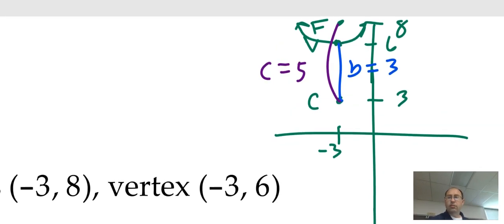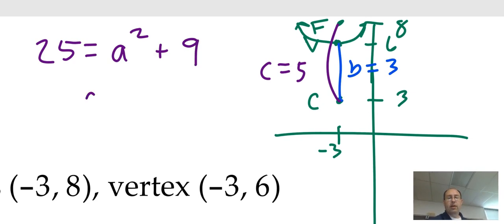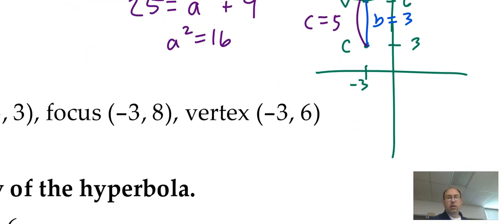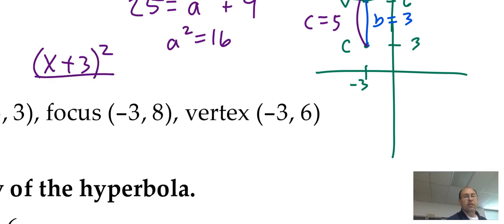So C squared equals A squared plus B squared. A squared would then be 16. Okay. So we can write this equation now. Center, so if it's -3, ouch, my leg's hurting. I don't know why. That's what happens when you get old, folks. Random pains.